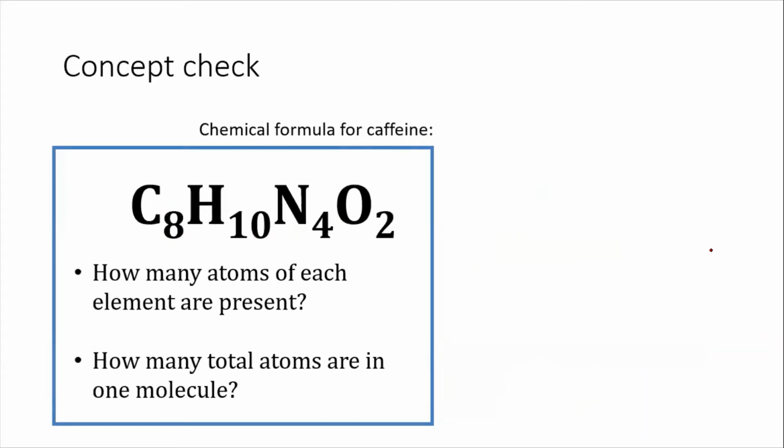Let's do another one. This is caffeine. This is one I don't think I could live without every day. How many atoms of each element are present in 1 molecule of caffeine, and then how many total atoms are in 1 molecule of caffeine? You'll do the same thing.